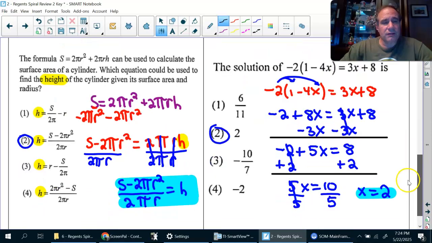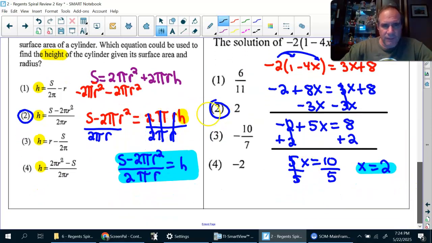So you're just taking a look at this right here, we have to solve for h. And that means 2, pi, and r are attached to h by multiplication. And once you see that multiplication, remember, ask yourself, what is the opposite of multiplication? It is division. And that's why we're dividing on both sides, because we want to cancel out everything but the h.